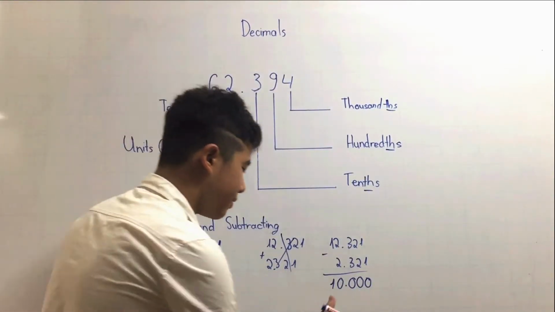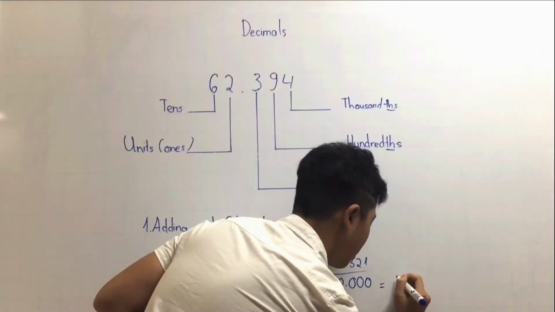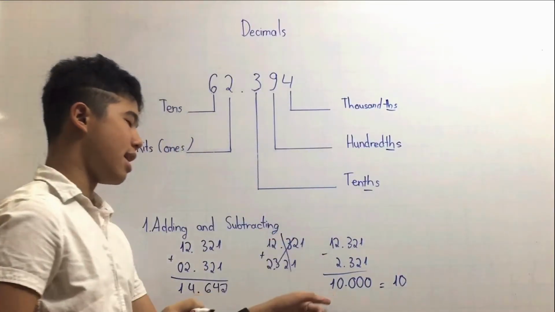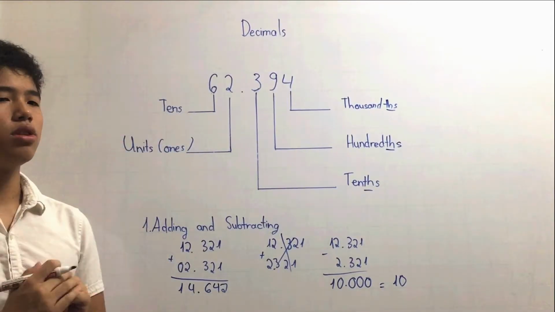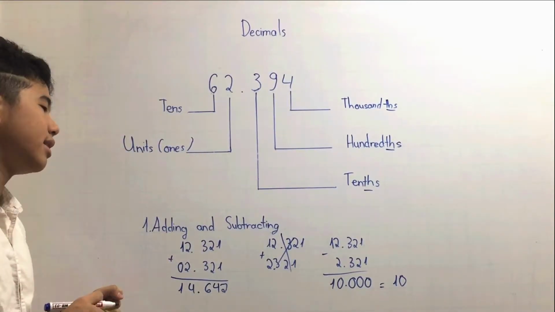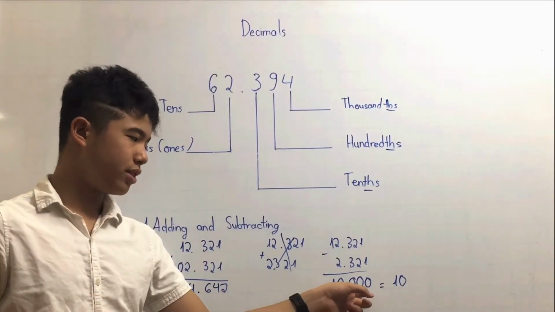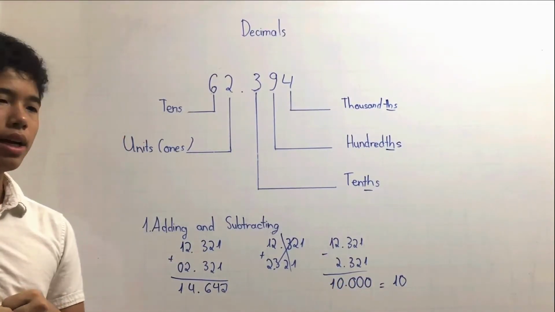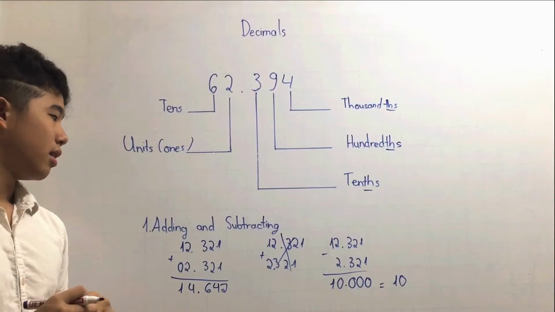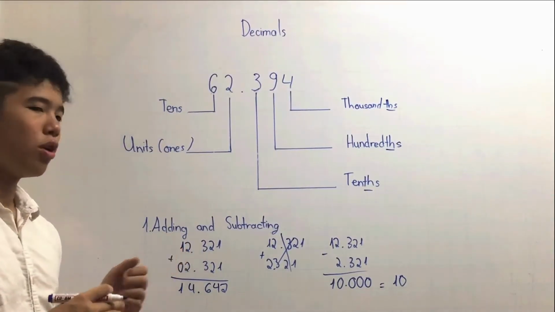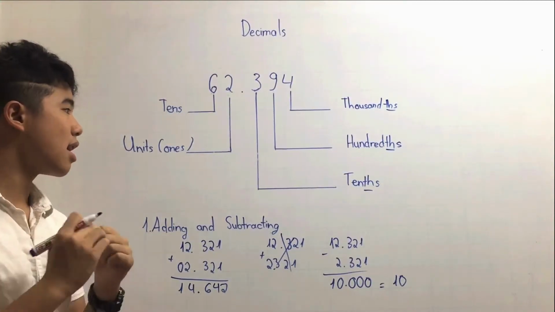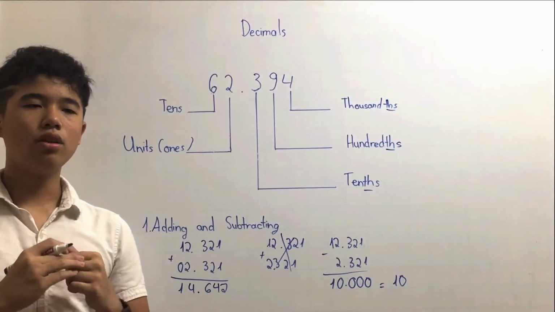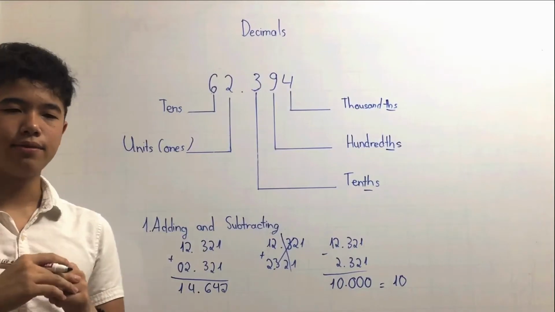We can just write 10, because the zeros behind it don't need to be written. But just remember, you have to line them up: units to units, tens to tens, hundredths to hundredths, thousandths to thousandths.